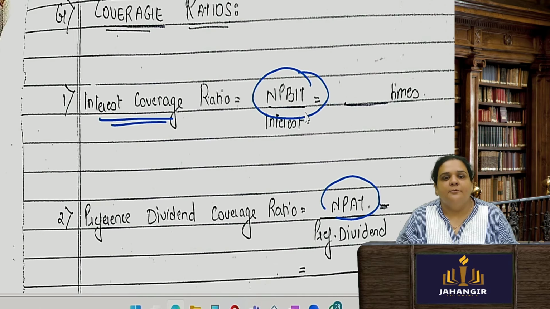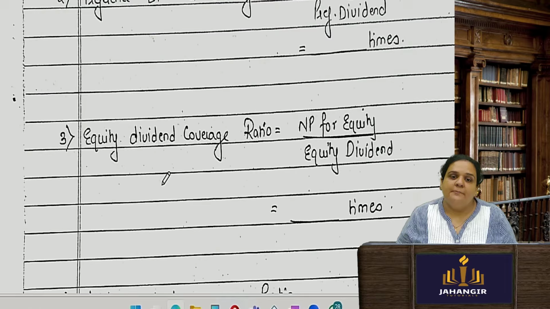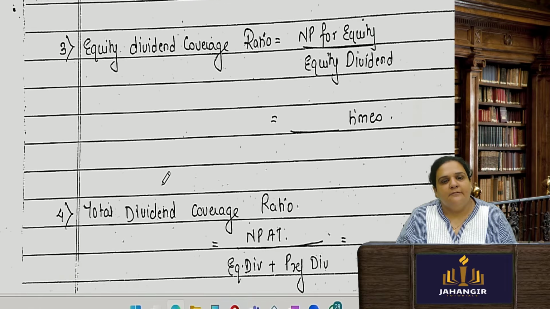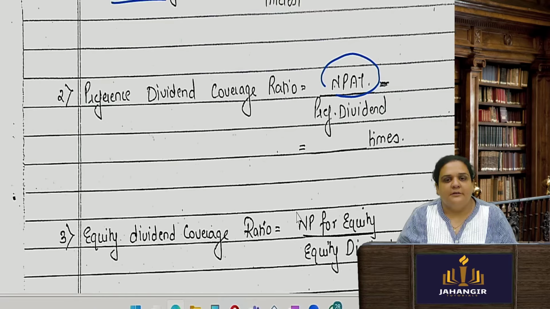Here you will take the profit just before interest, so NPBIT. Okay, here NPAT. Equity dividend coverage ratio: net profit for equity upon equity dividend, and total dividend coverage ratio will be net profit after tax upon equity dividend plus preference dividend.